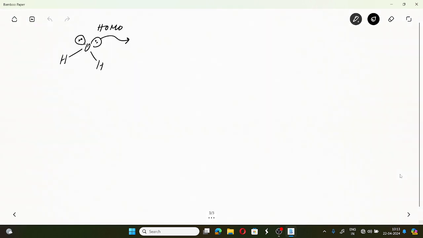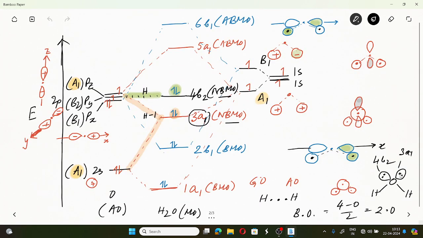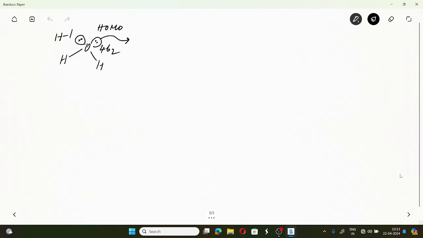So it is donated from 4b2. So that is why when water behaves as a Lewis base, it donates only one pair of electrons, that is from the HOMO. And this pair of electrons, which is also non-bonding, this is 3a1. This pair is normally not donated during chemical reaction.